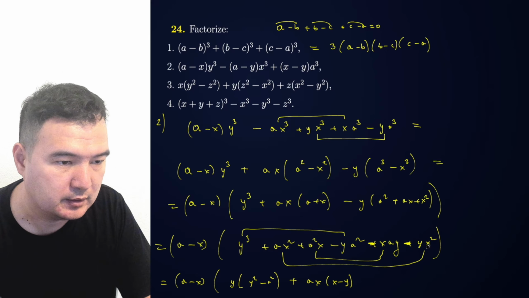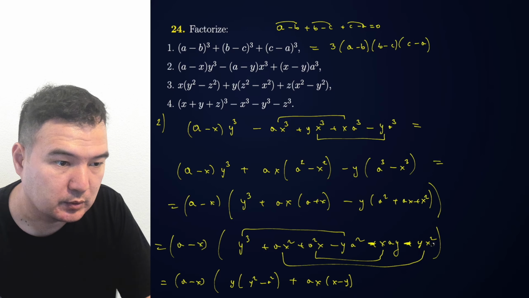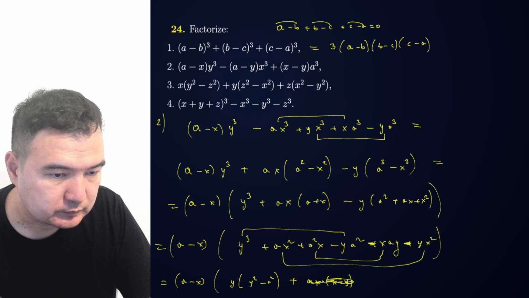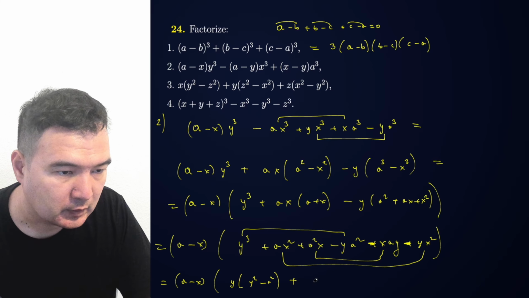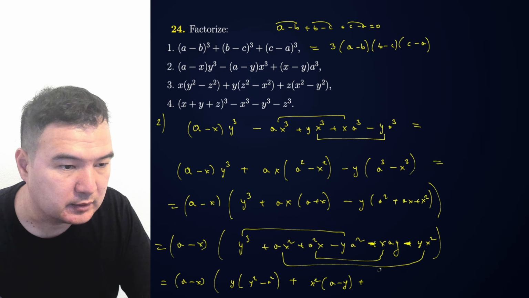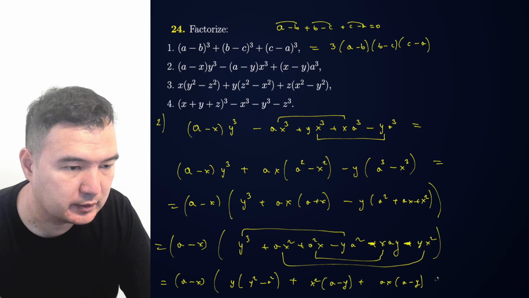Let's see, ax squared with yx squared. I'm taking out x squared, x squared times (a minus y). And then the last one is ax, where I have a minus y as a factor.